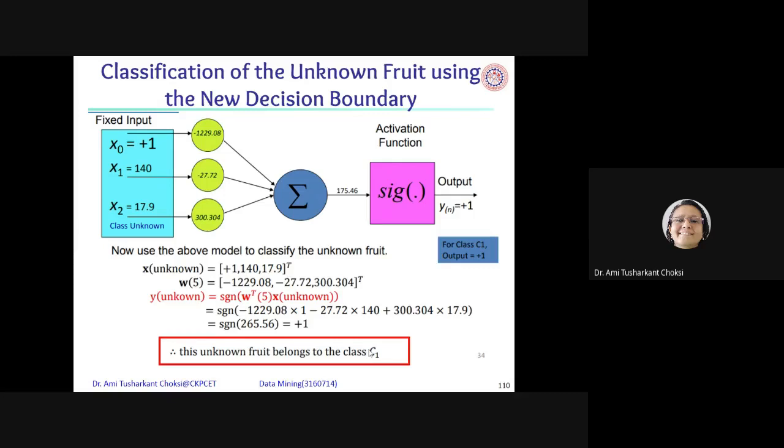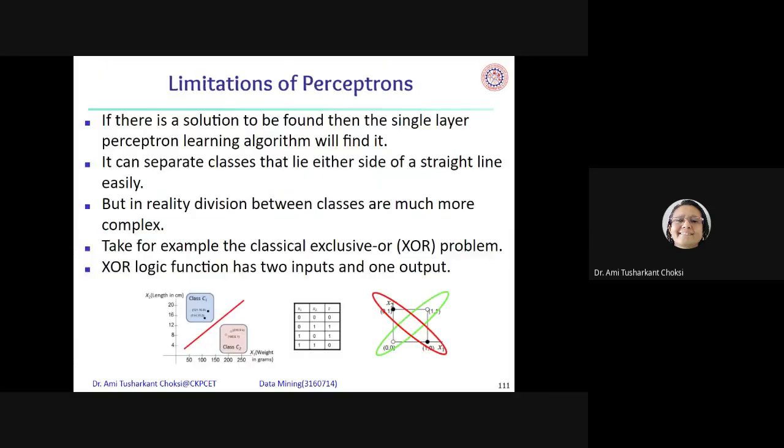That is all about the way a neural network works. Now, what are the limitations of the perceptron? If there is a solution to be found, the single layer perceptron algorithm will find it. It can easily separate classes that lie on either side of a straight line.